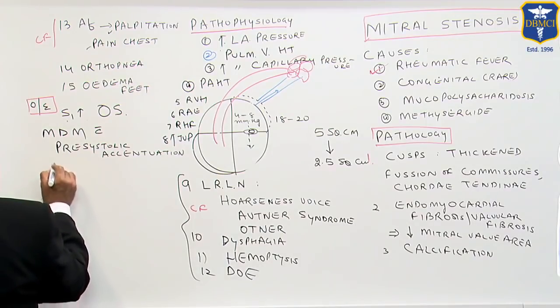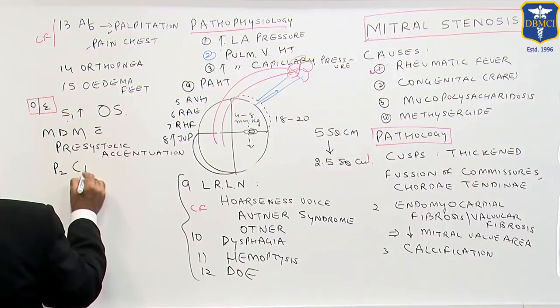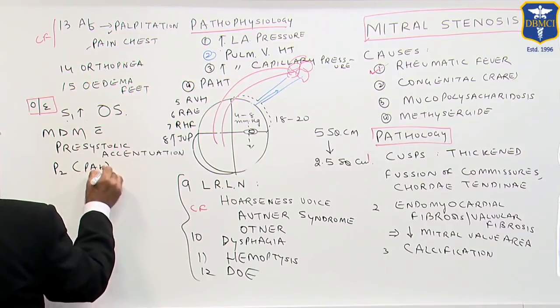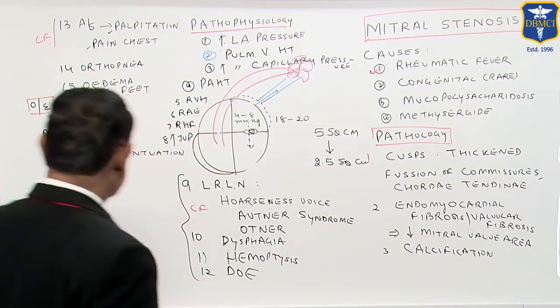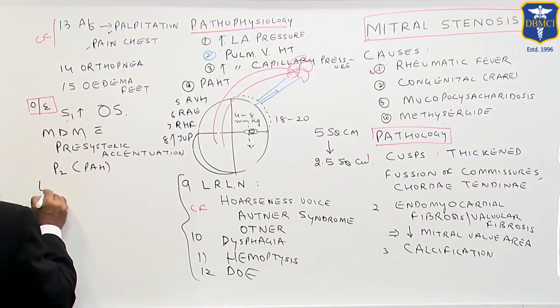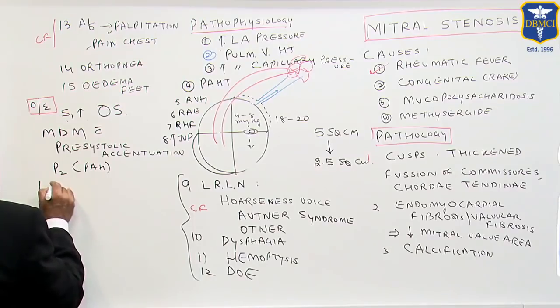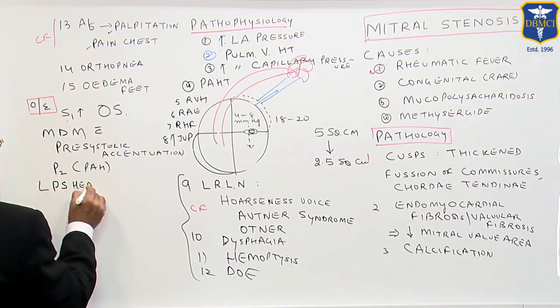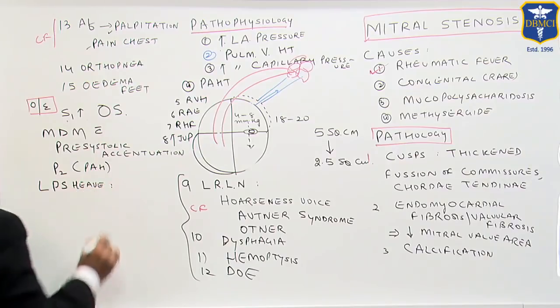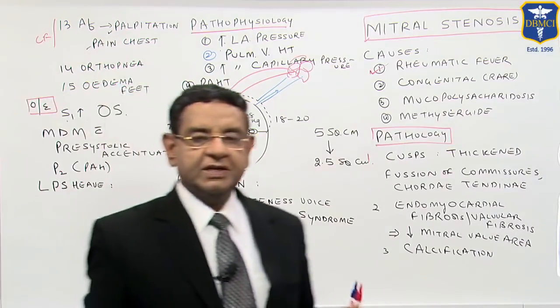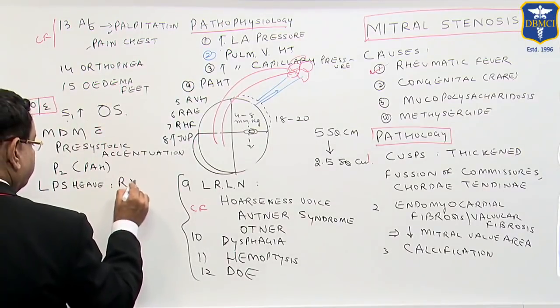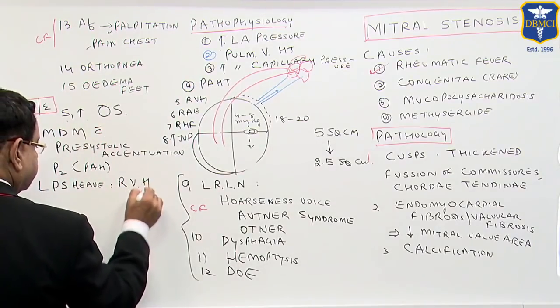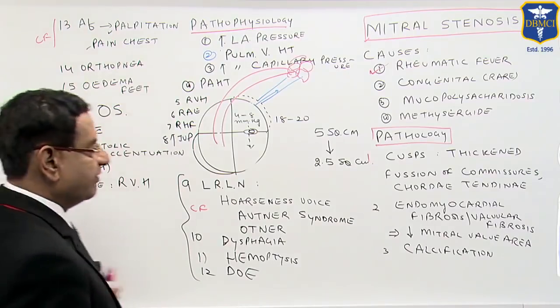Then P2 is loud. This occurs due to pulmonary arterial hypertension. There is a left parasternal heave. Left parasternal heave is due to right ventricular hypertrophy.